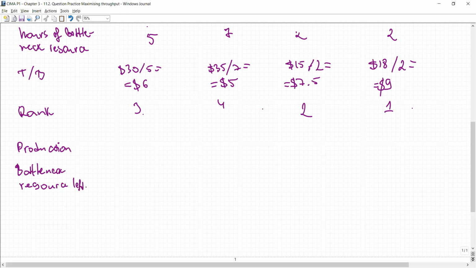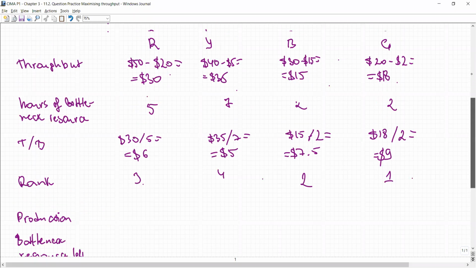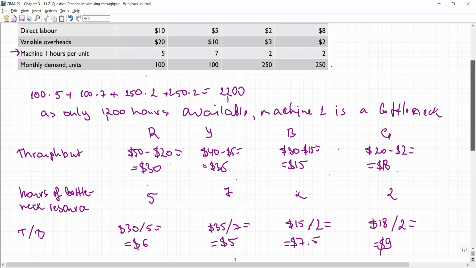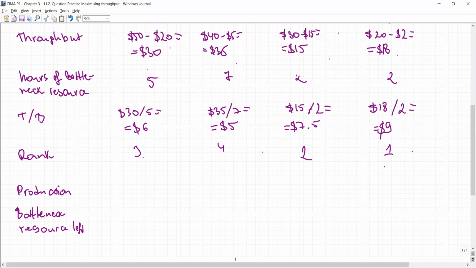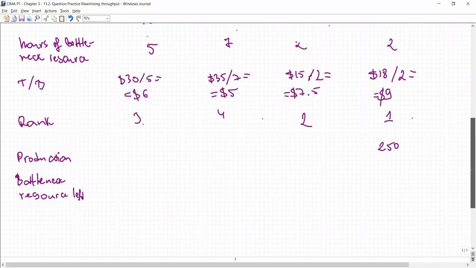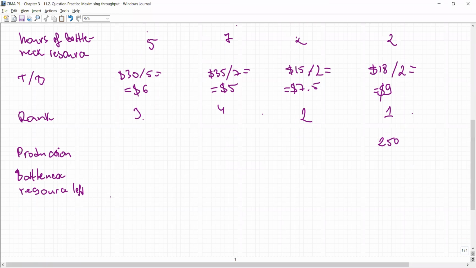So for product green, we will try to satisfy all of the demand. So 250 is the production. So what does it mean? It means that after product green, sorry, we will have that many hours left.